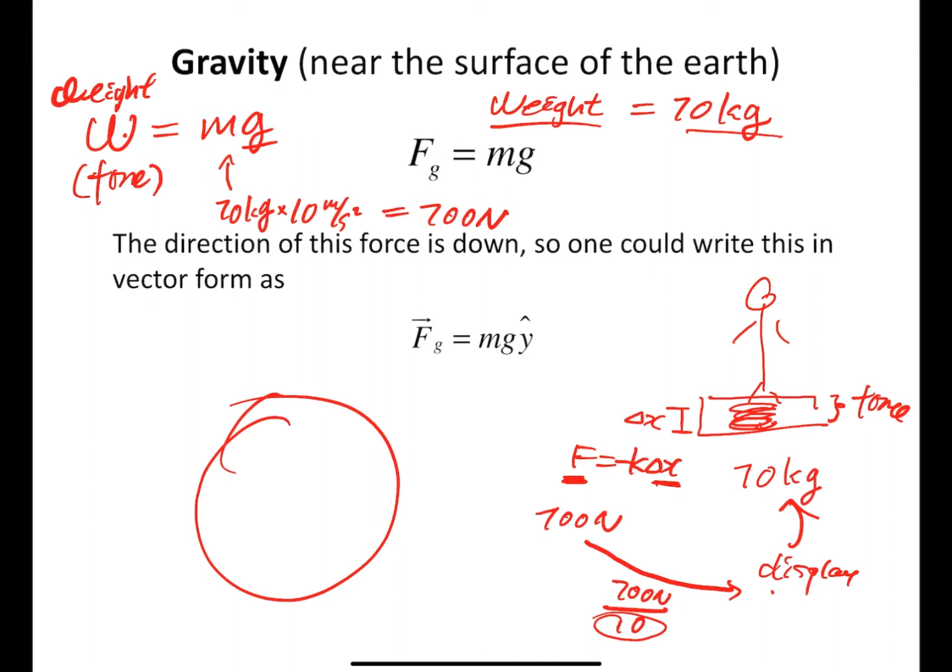Now think about it. Instead of Earth, if you are trying to use the same bathroom scale on the Moon. First of all, G is not a constant. On Earth, G is 9.8 meter per second squared. On the Moon, the G value is about a sixth. Okay?